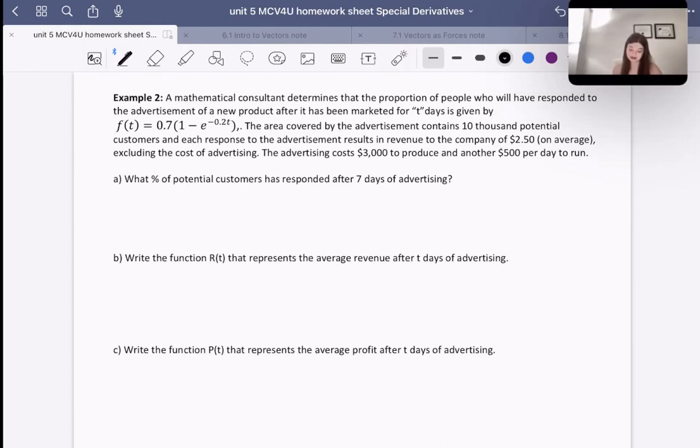The advertising costs $3,000 to produce and another $500 per day to run. So, what percentage of potential customers have responded after 7 days of advertising? Also, write the function R of T that represents the average revenue after T days of advertising, and also write P of T that represents the average profit after T days of advertising.